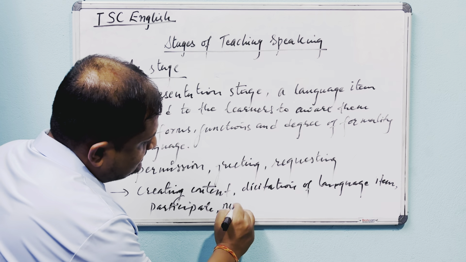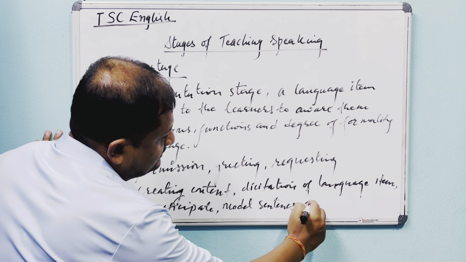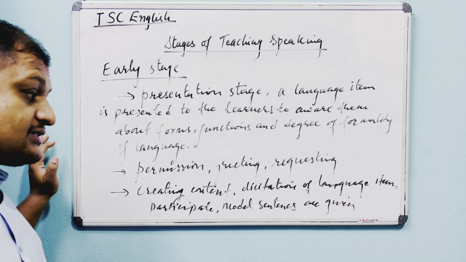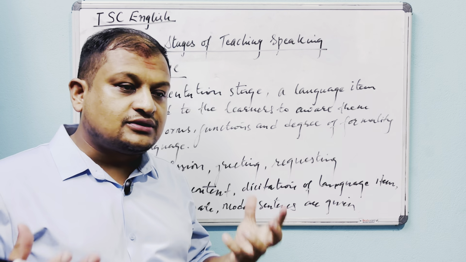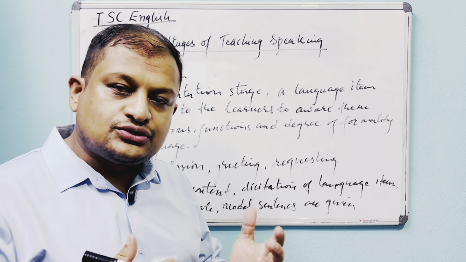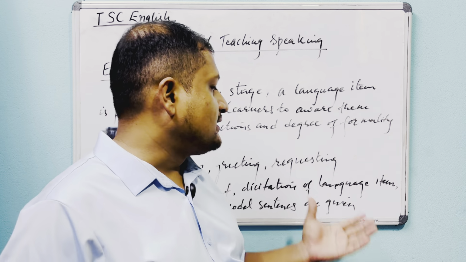Some model sentences are given by the teacher. Finally, they are checked to make sure whether they have understood or not. To check that, the teacher will try to evaluate to some extent.